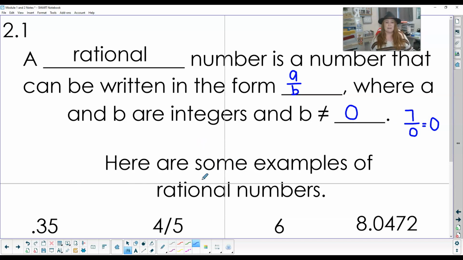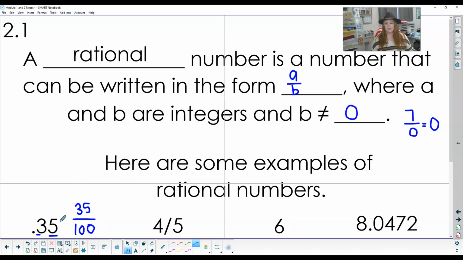So here are some examples of rational numbers. 0.35. So you might be wondering, well, Mrs. Richards just said it's a fraction, right? Decimals and fractions are the same thing. 35 hundredths, I can write this as a fraction, 35 out of 100. These are both whole numbers.